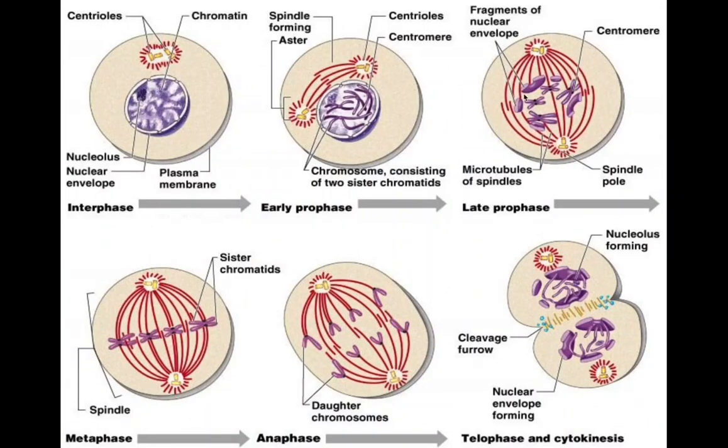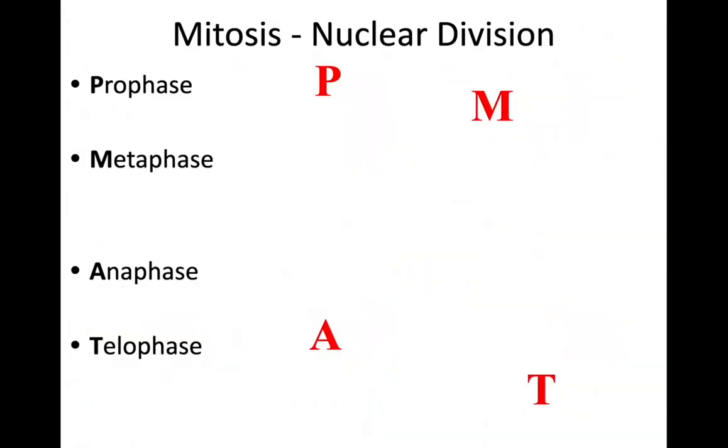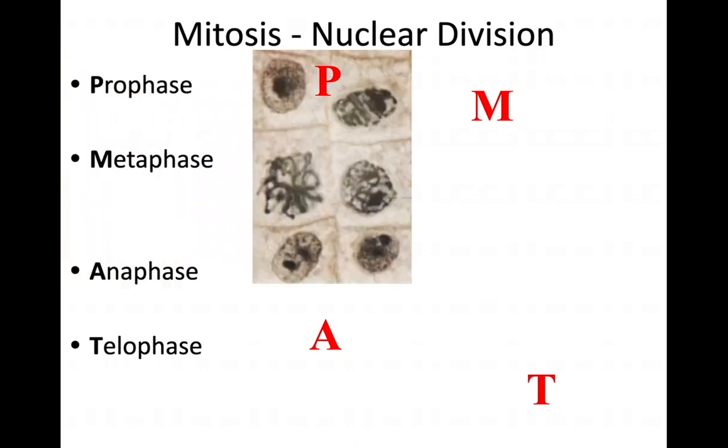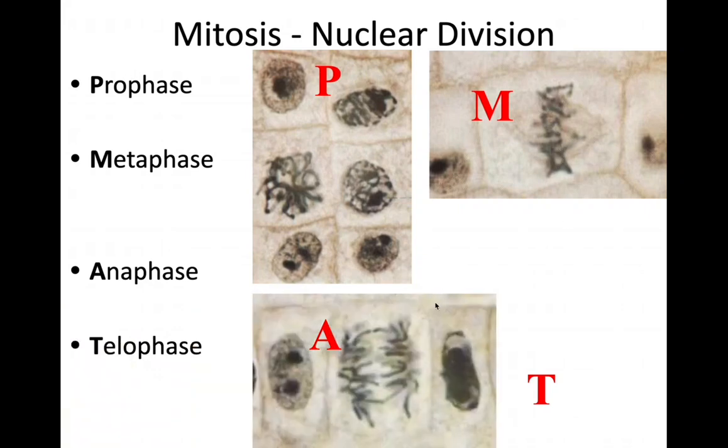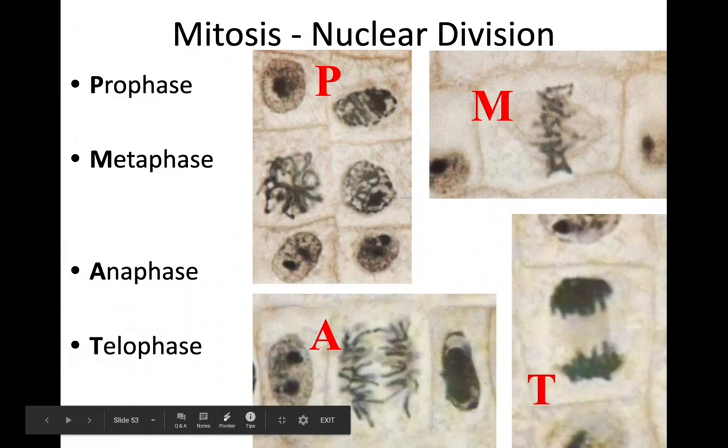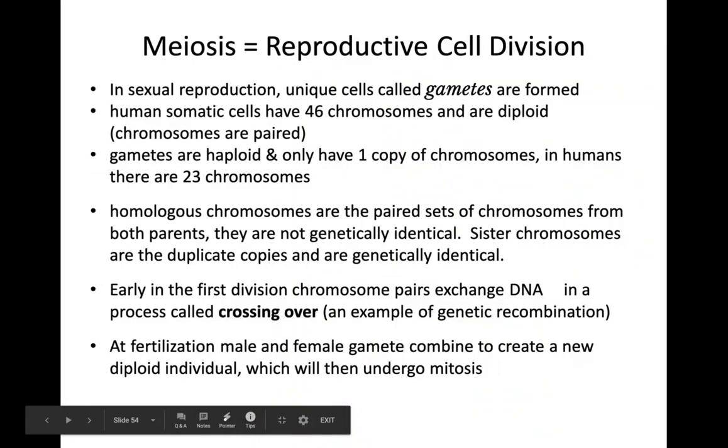This is showing a linear progression of this process. These are showing some that are underneath the microscope. So prophase, some in metaphase, so this distinct appearance. Anaphase, this one they're separating, and in telophase.